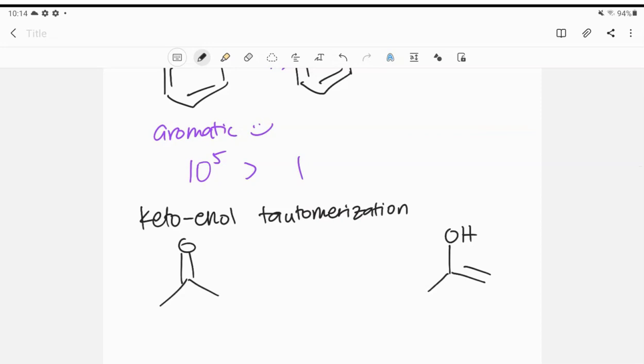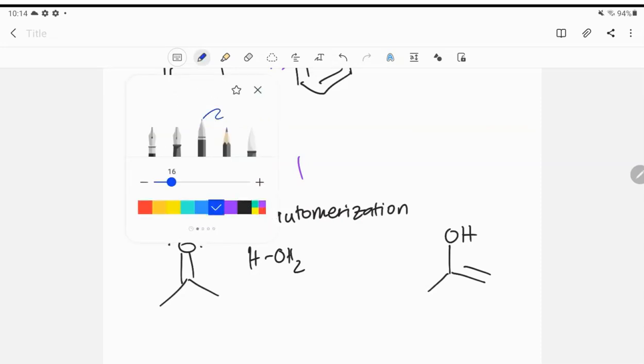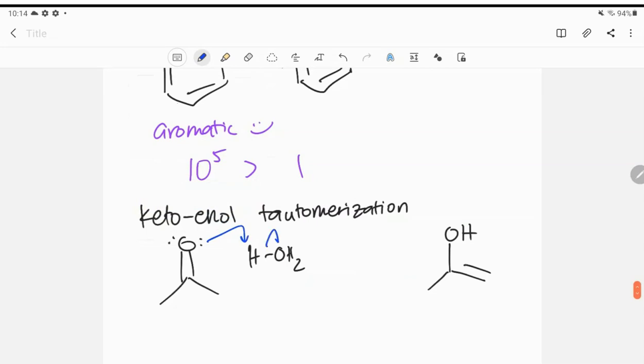So in acid or base, it's roughly the same idea. So in acidic conditions, where's Bailey? Oh, she's by the door. Okay. Acidic conditions, we have our ketone gets protonated.